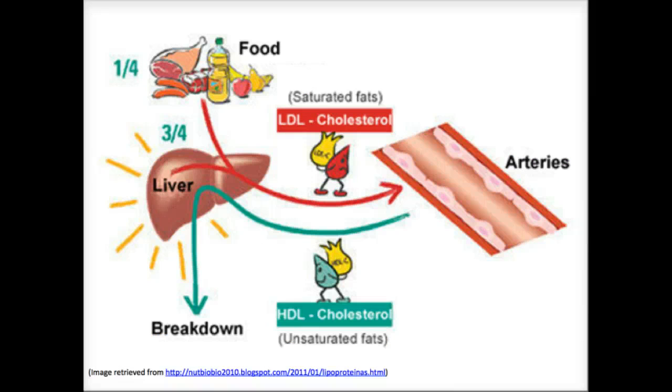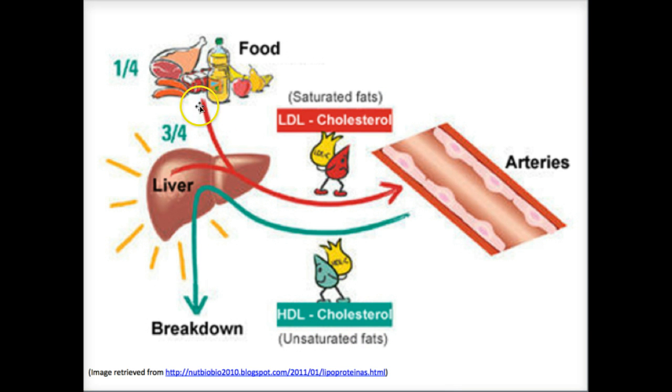And this last slide, which I did not create, shows an even simpler schematic that compares only the LDL and the HDL lipoproteins in terms of what their jobs are. So here we've got the LDL in the red and the HDL, the good cholesterol, in the green.